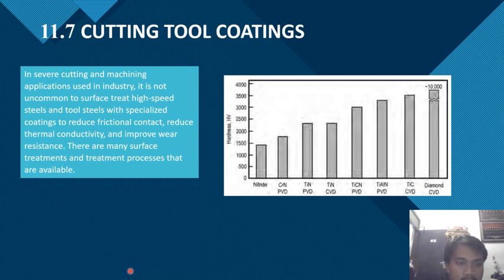There are many surface treatment processes that are available. For example, it has been estimated that up to 60 to 70% of all carbide tools are now coated. The surface hardness produced by a number of different types of coating is shown in here.